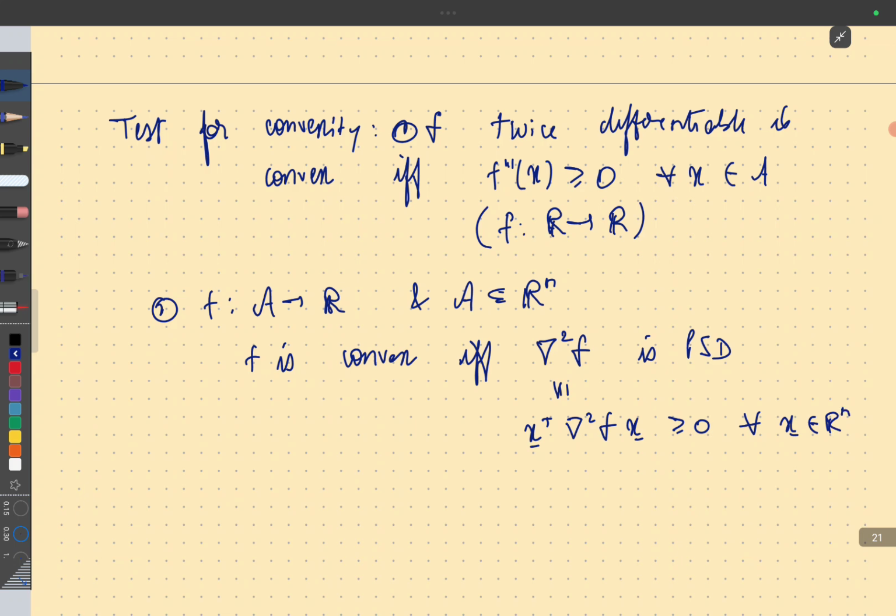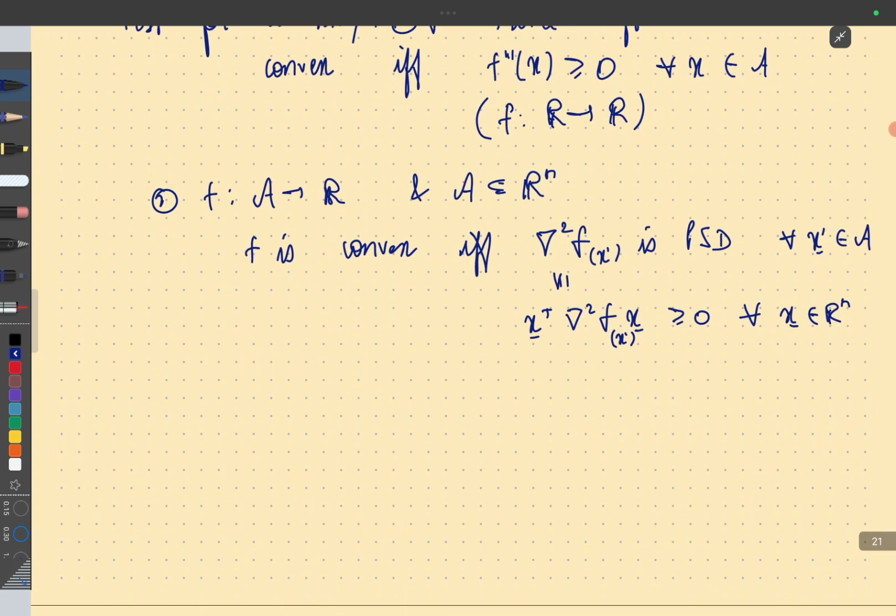And when I say the Hessian of f, I assume that this is evaluated at a point, let's say x prime. Or equivalently, all of the eigenvalues of the Hessian are non-negative.